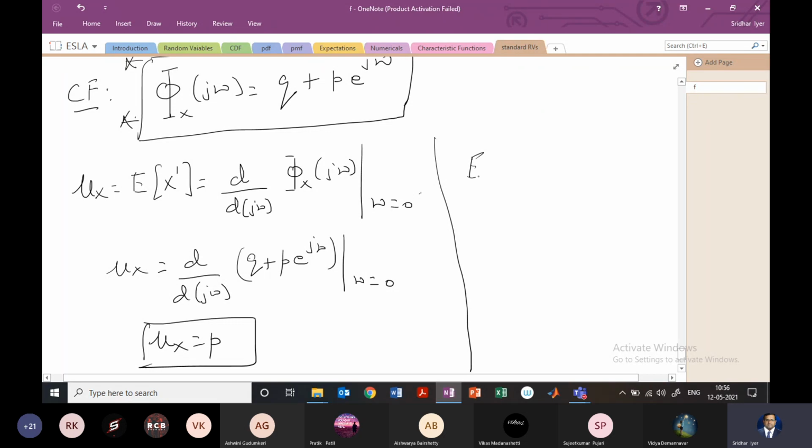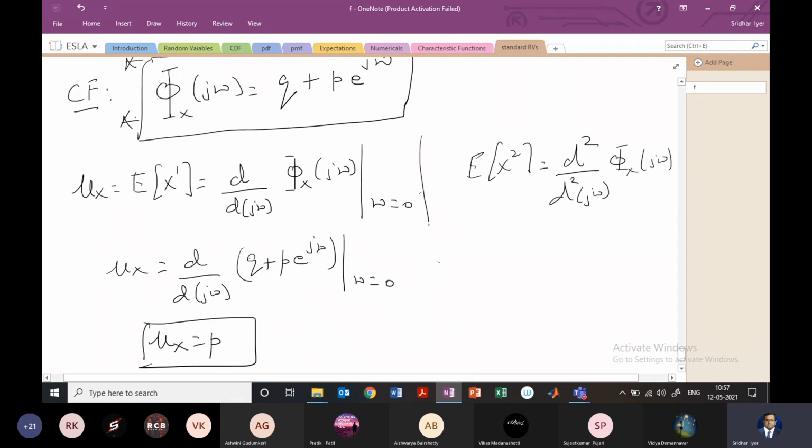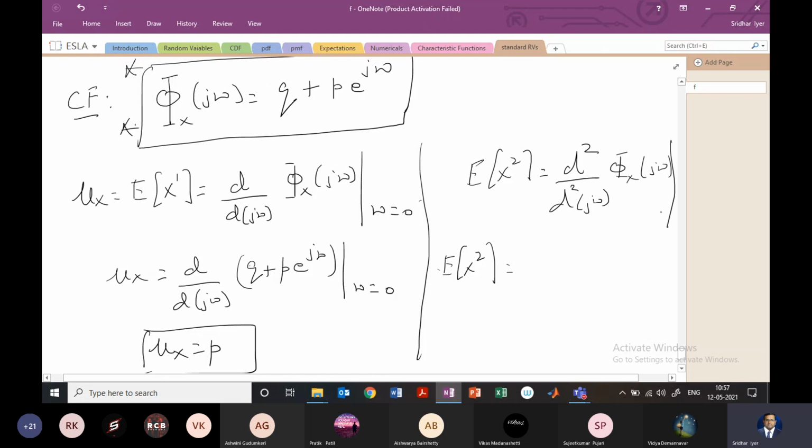Okay, for e of x square, it's just an extension: d square by d square of j omega of phi x of j omega. So e of x square, and here you will have to put omega equal to 0, right?